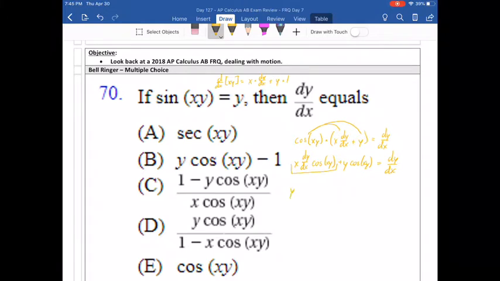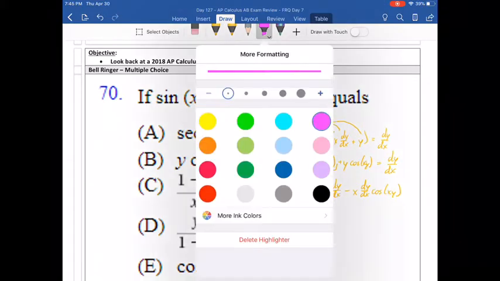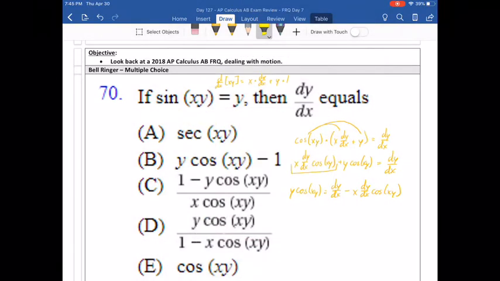So we're going to have y cosine of xy is equal to dy/dx minus x dy/dx cosine of xy. Once again, all we did to both sides here is we took that whole term and subtracted both sides by it.